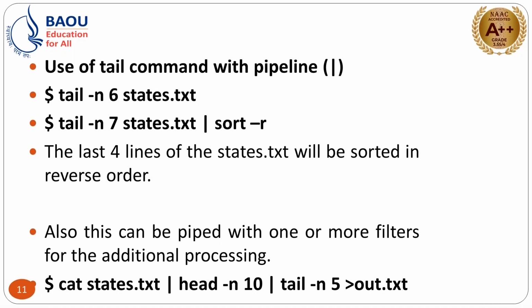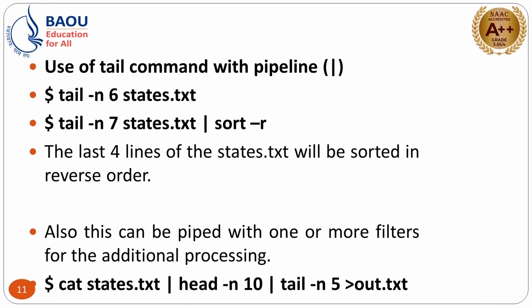You can see this example: cat states.txt. First of all, the contents of states.txt will be displayed, and that output is passed to head, and only the first 10 lines will be filtered out. Then these first 10 lines are passed to the next command, the tail command. From those first 10 lines, only the last 5 lines will be filtered out, and then those last 5 lines will be moved to out.txt.